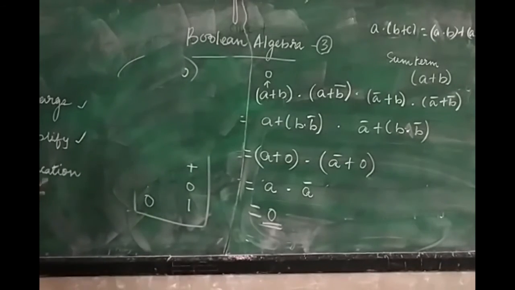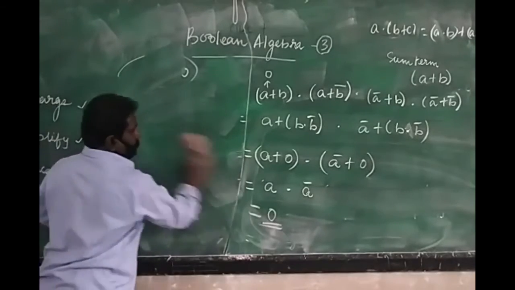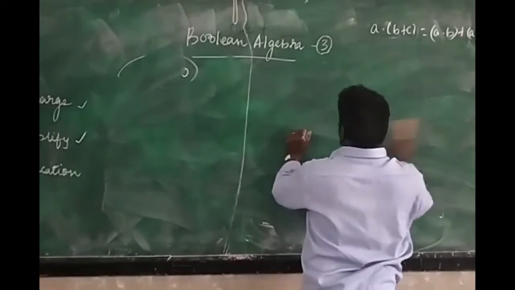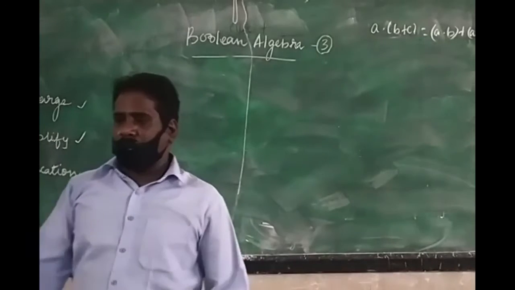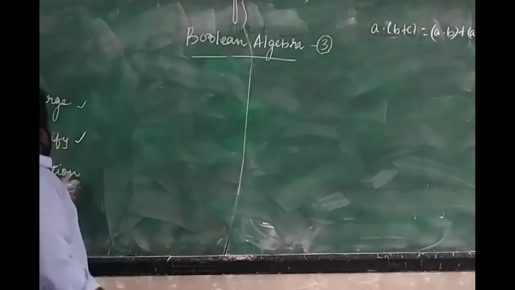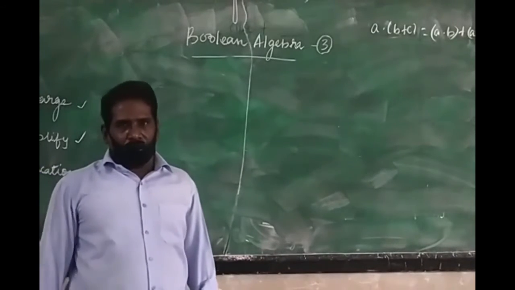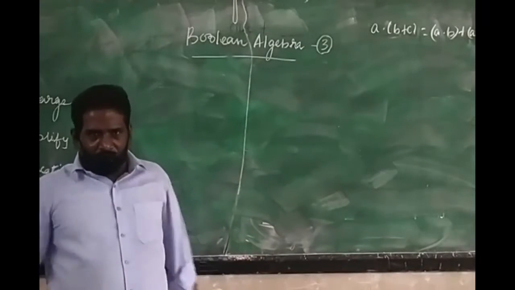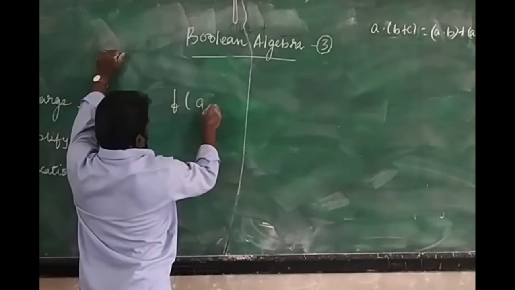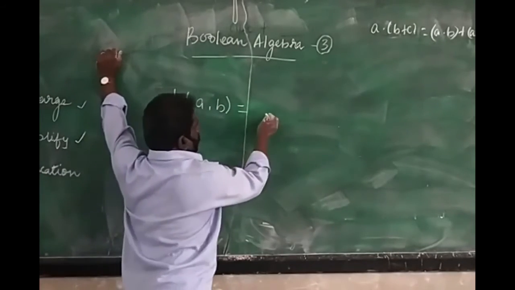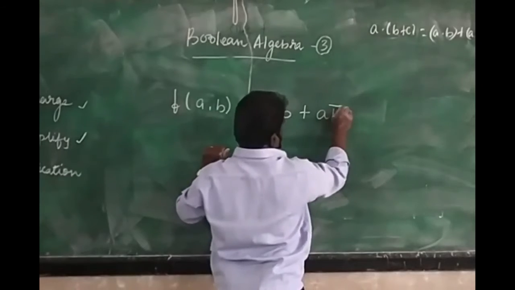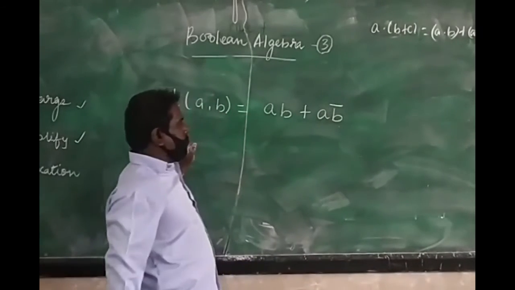Now the third step is verification. Let us verify two functions. One function is f of a comma b equals ab plus ab bar.